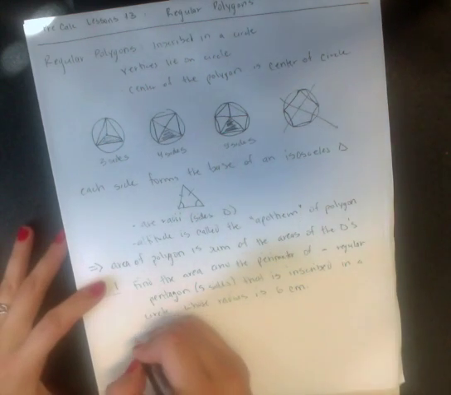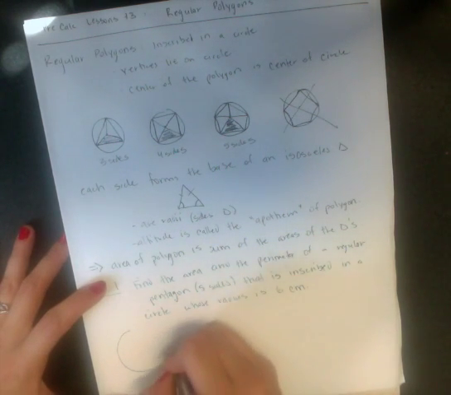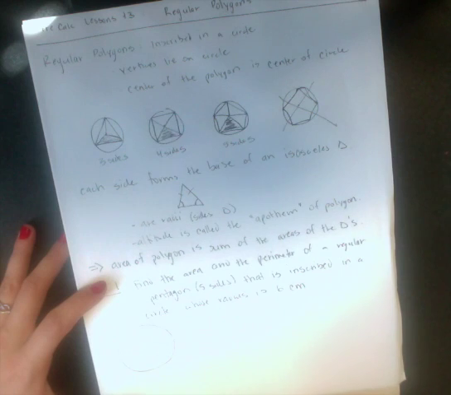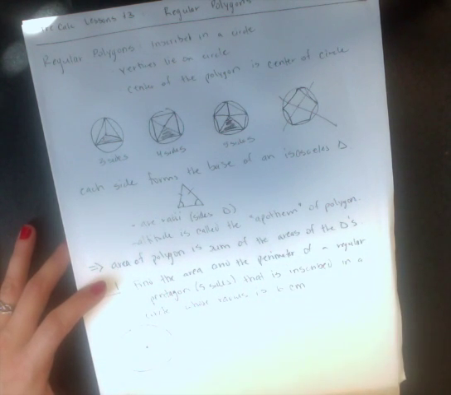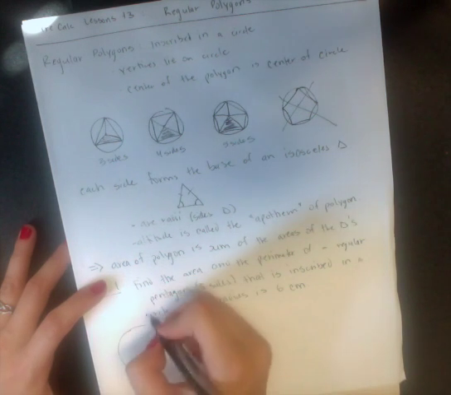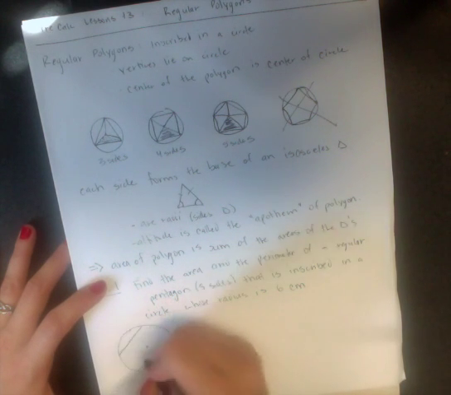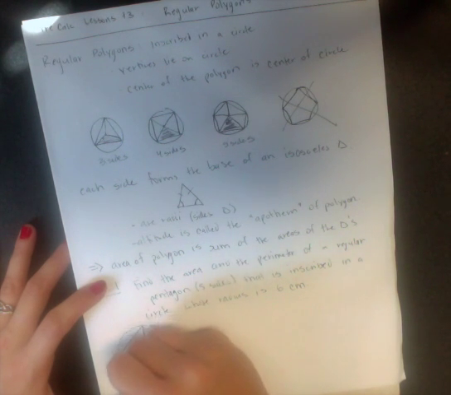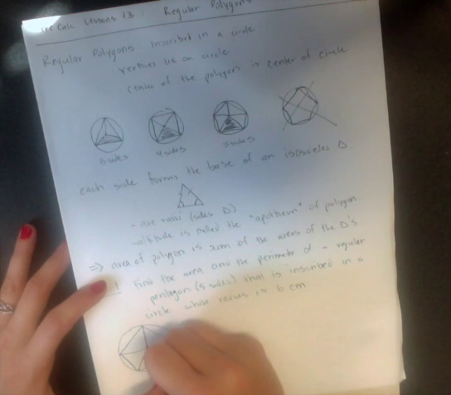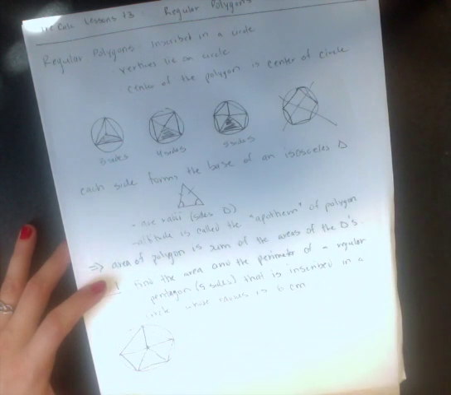Okay? Now, I do want you to draw this picture. I'm going to attempt to draw it again. Okay? It has 5 sides. Your picture just has to be as good as mine. Okay?